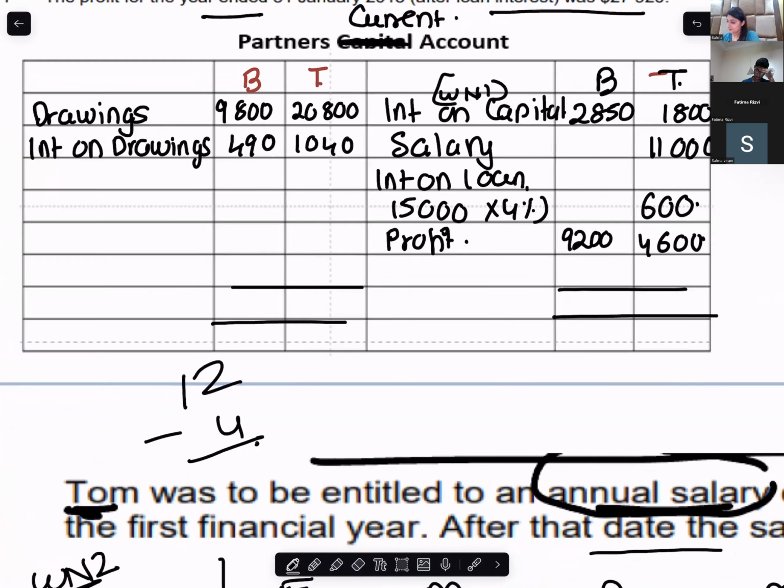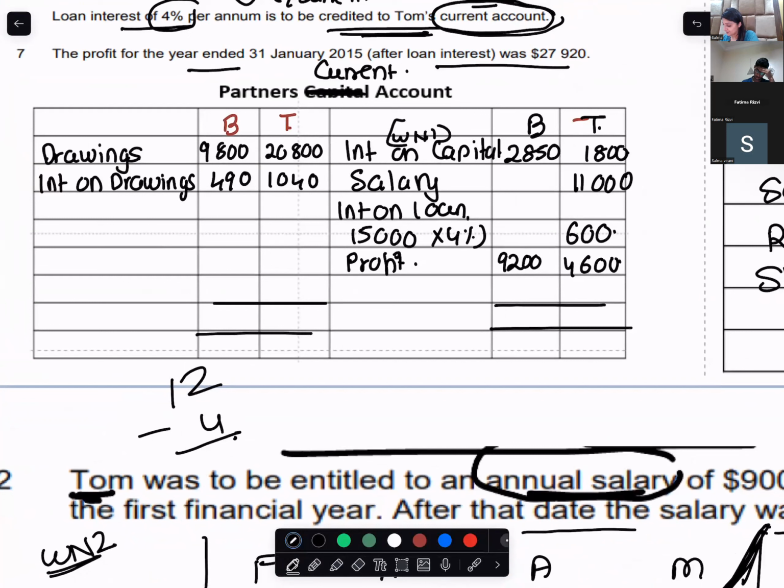Now see, when I put the share of profit, the credit side becomes more for Ben. So it's 9,200 plus 2,850, 12,050, minus 9,800 minus 490. So this is 1,760 balance closed down. Now let's take Tom.